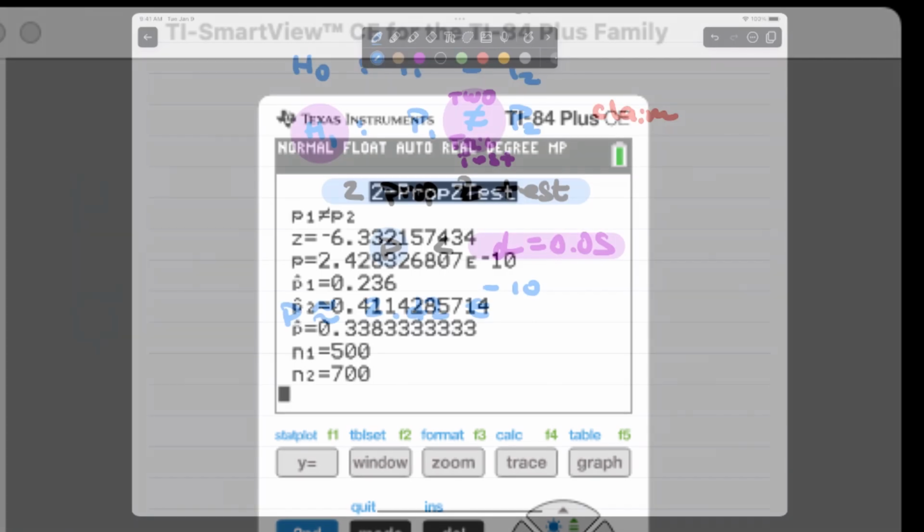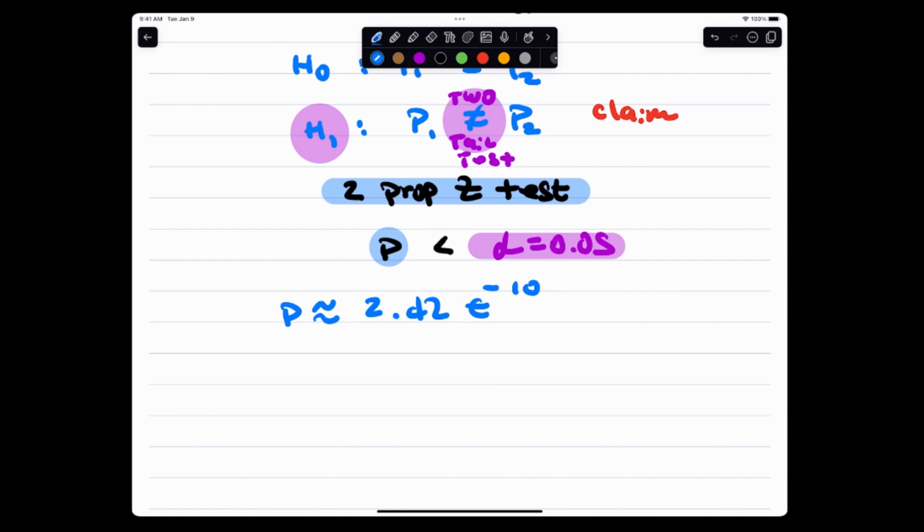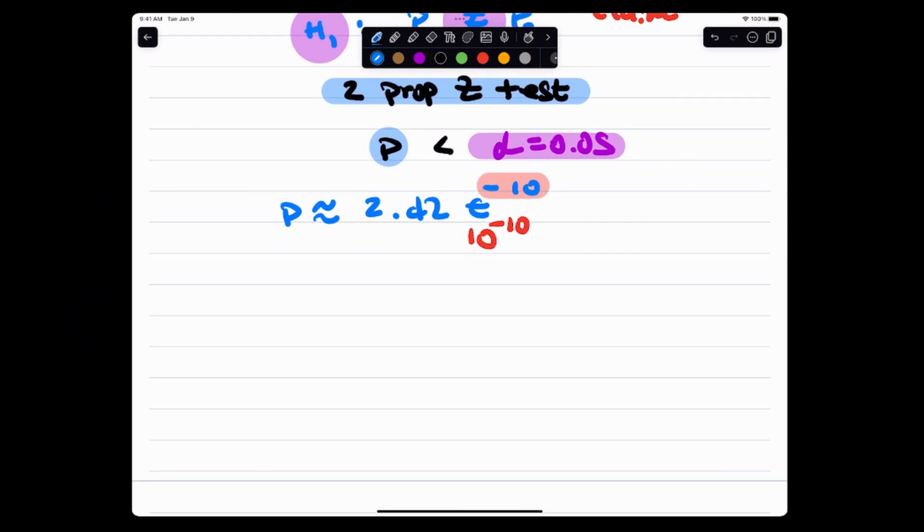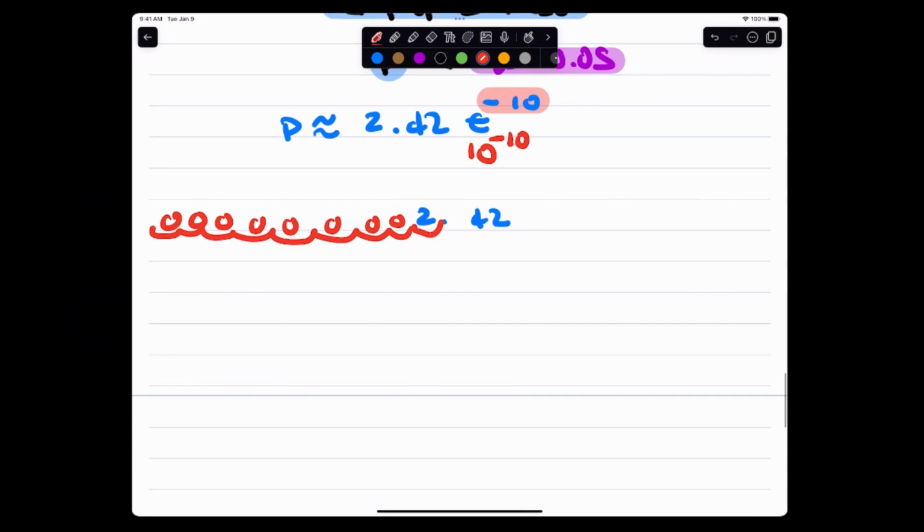What is e to the minus 10? This is scientific notation. This is saying times 10 to the minus 10. So you're going to move that decimal 10 spaces to the left. 1, 2, 3, 4, 5, 6, 7, 8, 9. Fill in the gap with zeros. So you're going to have 9 zeros in front.